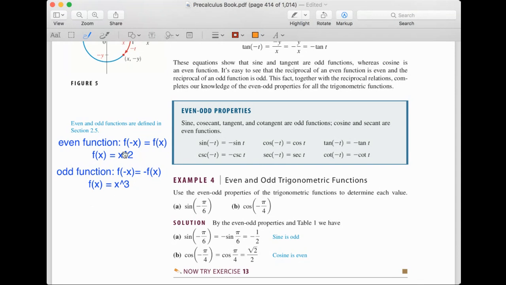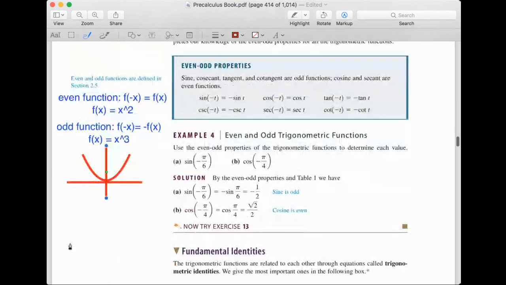Okay. For an even function, we could see the graph. Remember the graph of x squared? We get a parabola, right? You see negative x still gives us a positive y value. What about odd function? Let's see x cubed.